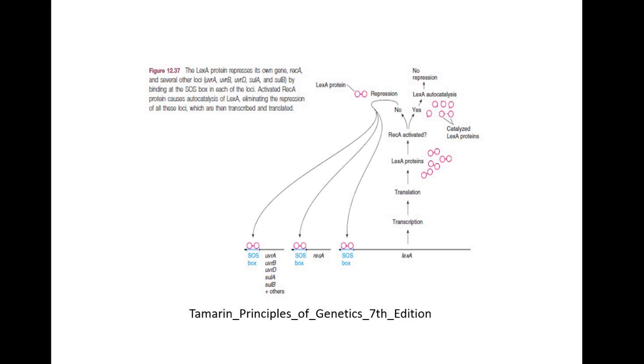Then it activates the REC-A protein which causes the catalysis of LEX-A, which eliminates the repression of all the loci present at that site, and once repression is removed, they are transcribed and translated.